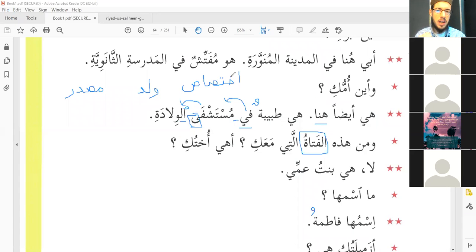It can also be about a specific use, right? This is the maternity hospital, meaning that this hospital is only used for maternity. It's not used for other sorts of medicine, etc., etc. Right? So that's a subtle point to make about mudaf mudaf ilayh.